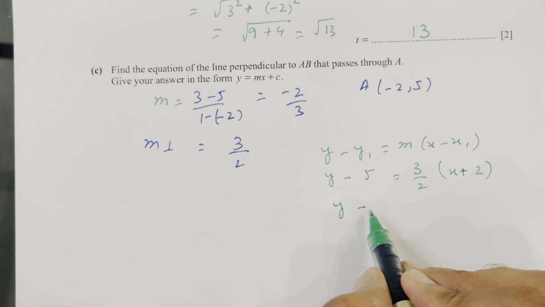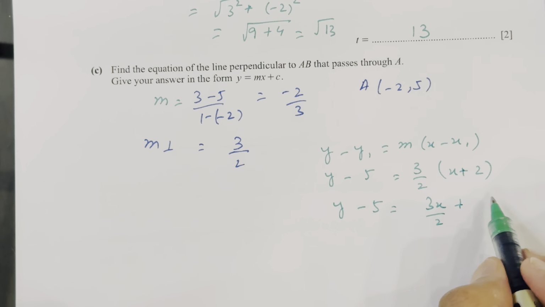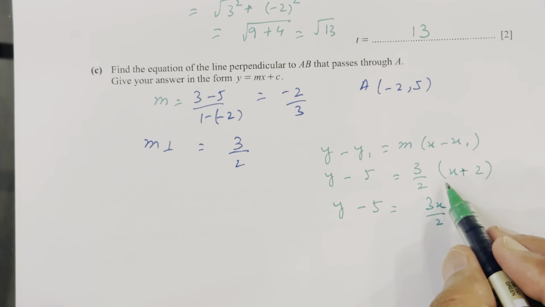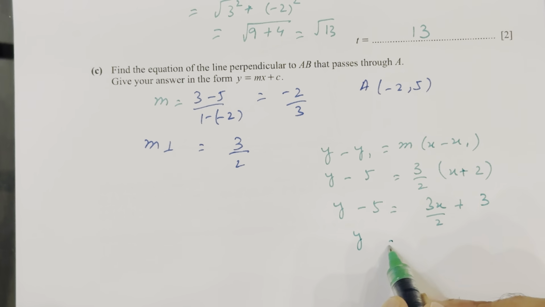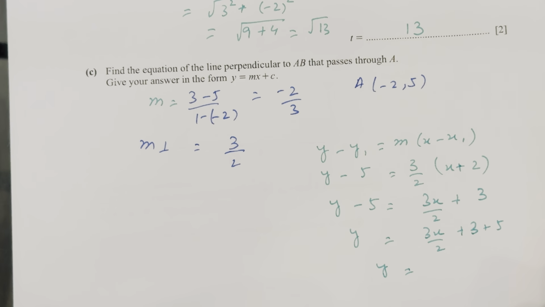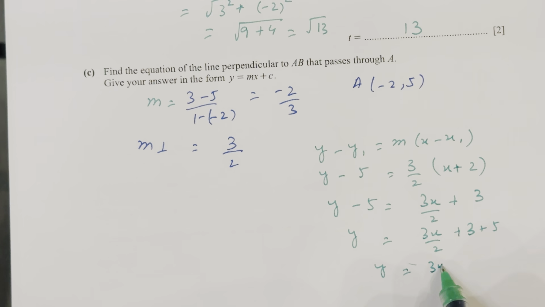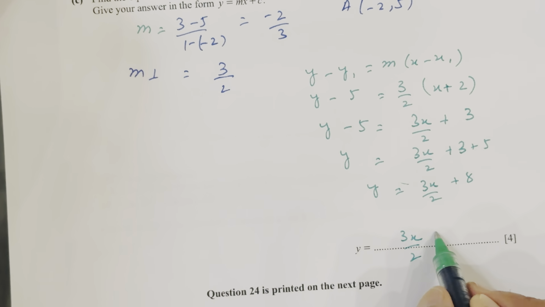So it would be like that: y minus 5 equal to 3x by 2 plus 3 multiplied by 2 would be 6, 6 by 2 would be 3. So 3x by 2 plus 3 plus 5, we get the value y is equal to 3x by 2 plus 8. So our final answer is 3x by 2 plus 8. So this is slope intercept form, 3x by 2 plus 8.